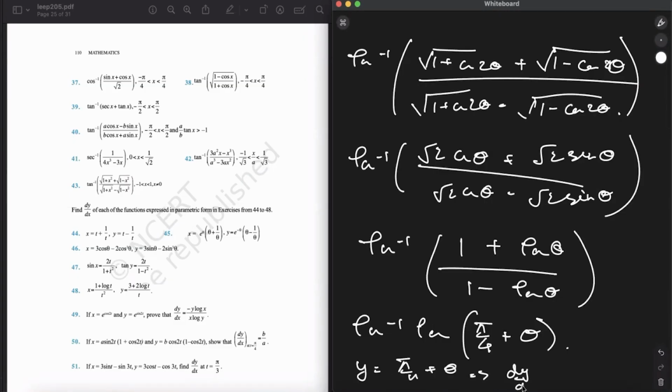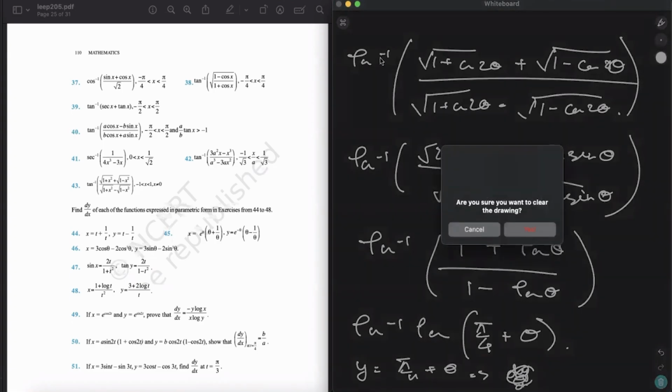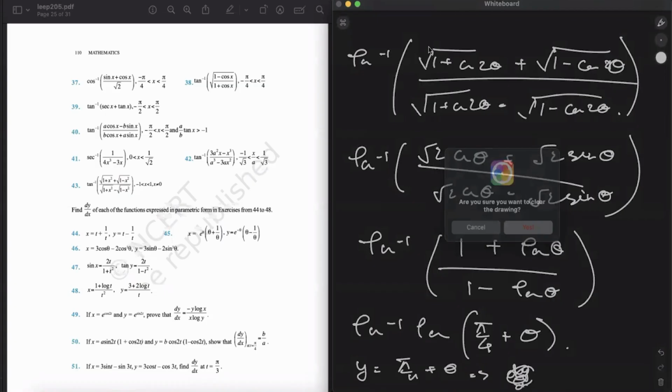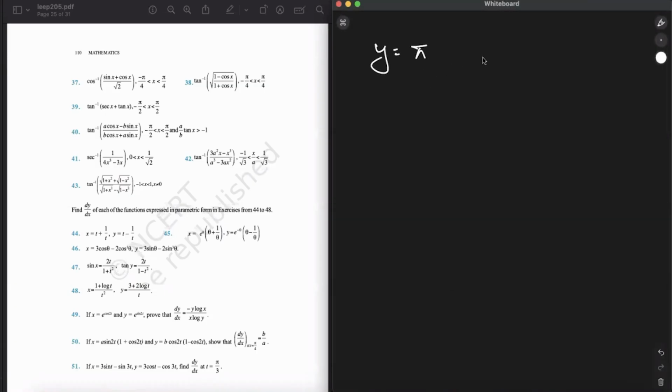And dy by dx. Oh, not yet. y is equal to pi by 4 plus theta. But what is theta equal to? See, y is equal to pi by 4 plus theta, and I had put x square is equal to cos 2 theta. So theta will be equal to half cos inverse x square. Okay.